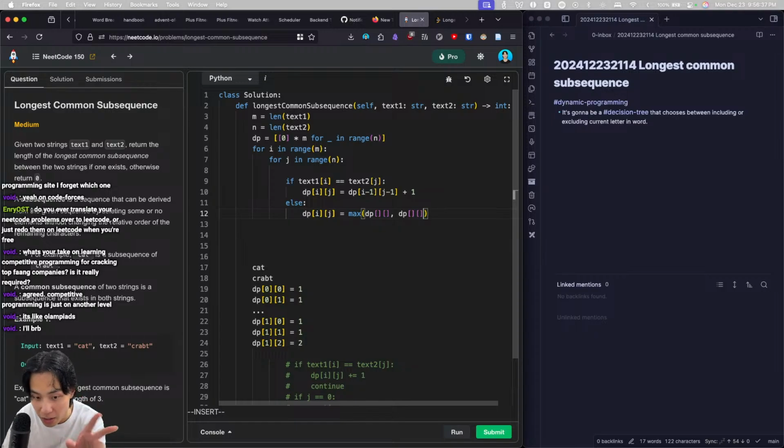Now it's the max of the two. I can see how that works.